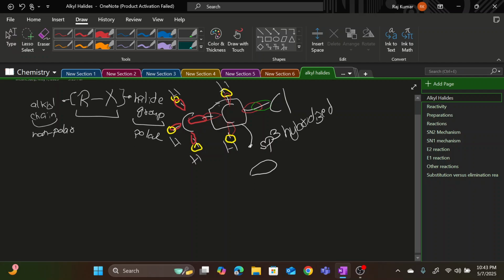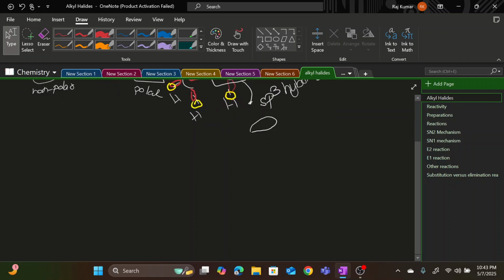Now let's understand some physical properties. Alkyl halides are reactive hydrocarbons, and they are soluble in water, but their solubility decreases with an increase in the number of carbon atoms.